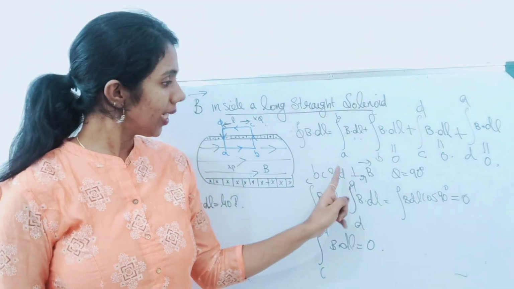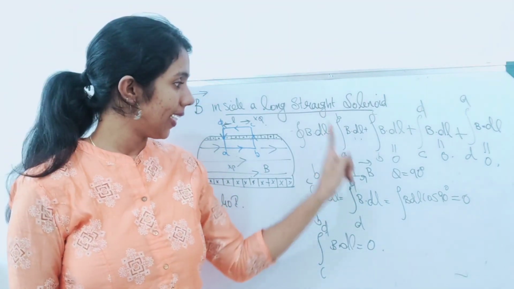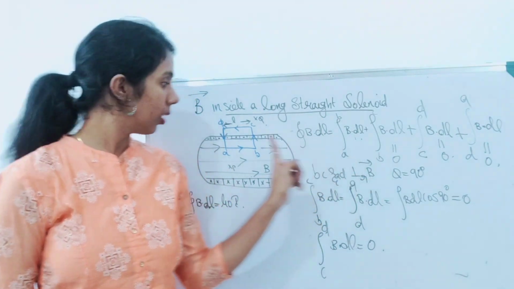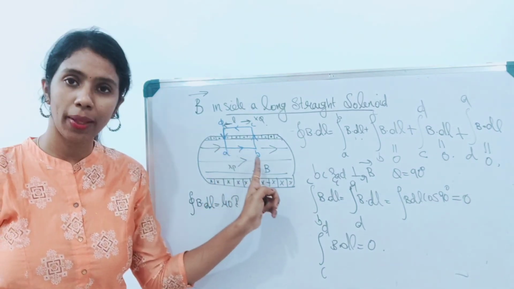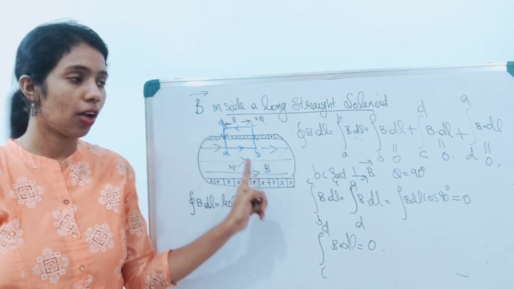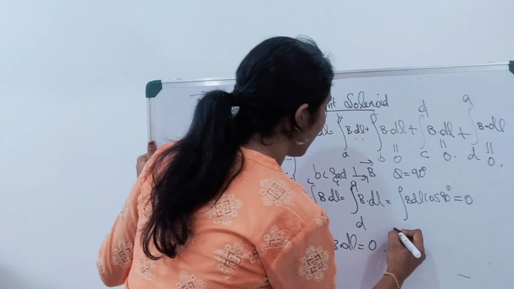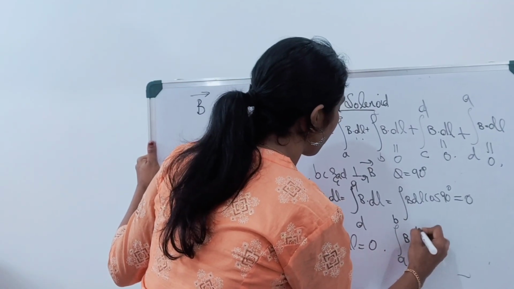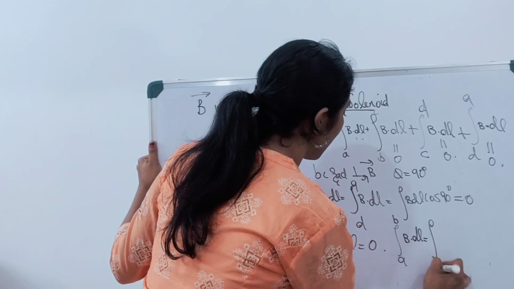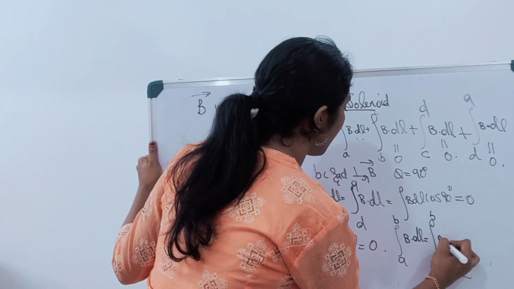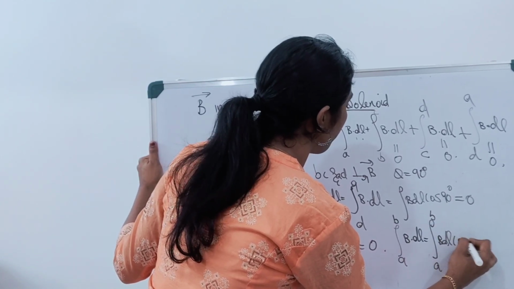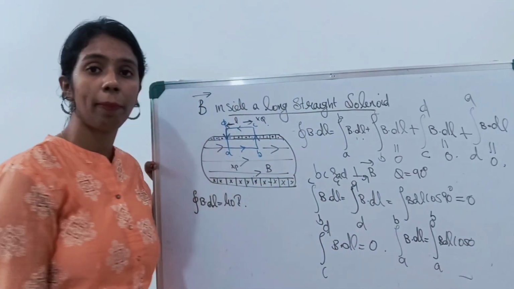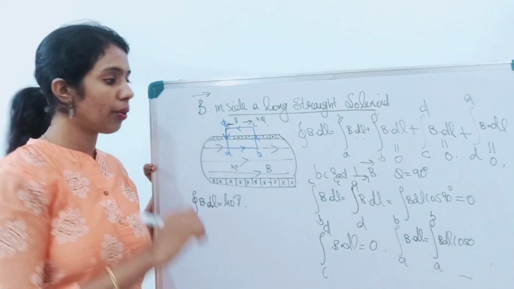So the only existing term is the integral from A to B of B dot dl, which lies parallel to the magnetic field inside the solenoid. This equals the integral from A to B of B dl cos 0, because B and dl are parallel to each other. Cos 0 is 1.